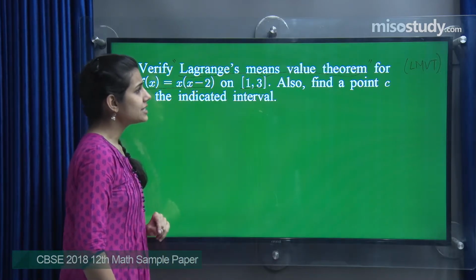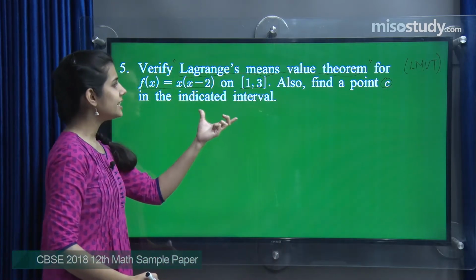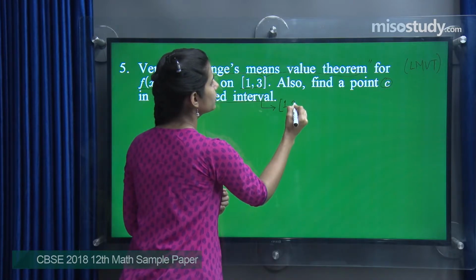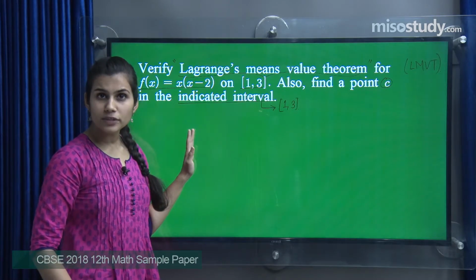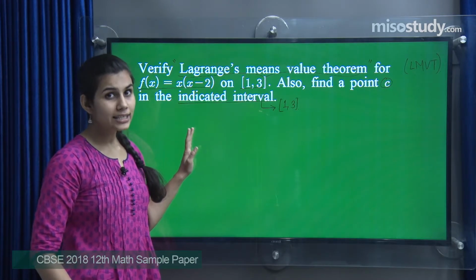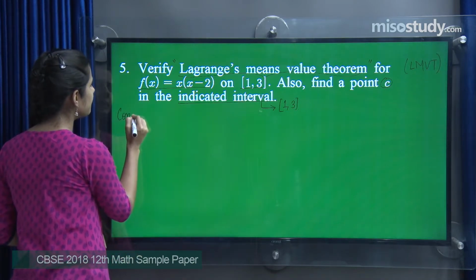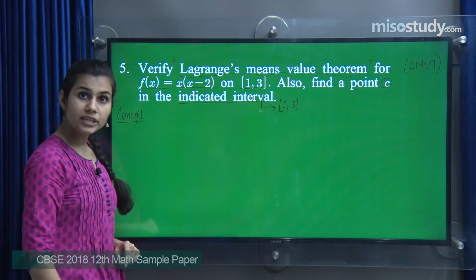Also then further it is saying find a point small c in this indicated interval, which is nothing but 1, 3. Now you won't be able to deal with this question and attain the exact correct answer until and unless you are very clear with this concept of what is LMVT.